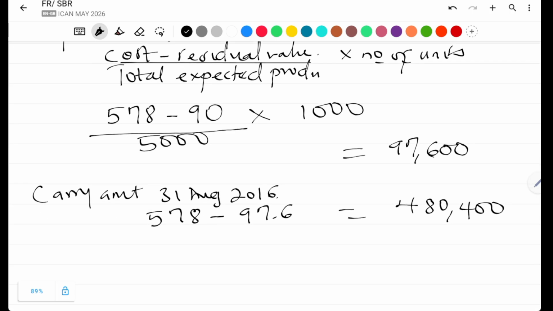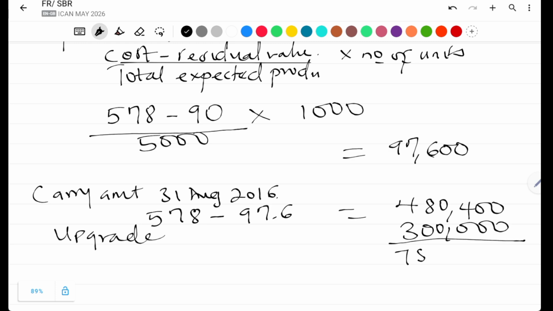So what it means is that the upgrade then improves the carrying amount. So the upgrade is 300,000, improving the carrying amount, right? So it means now the new carrying amount is 780,400.